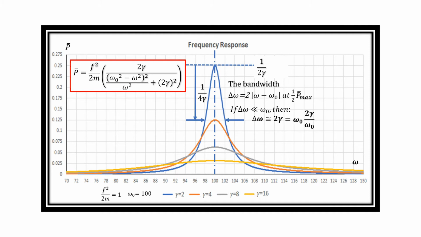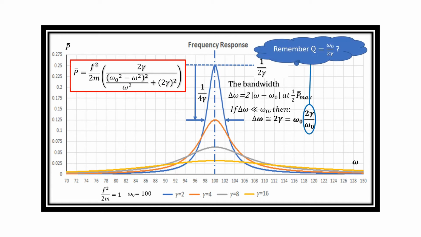Now we multiply and divide by omega 0, and what do we have here? Remember Q? It's the resonance quality. So the bandwidth is the natural frequency over the resonance quality.